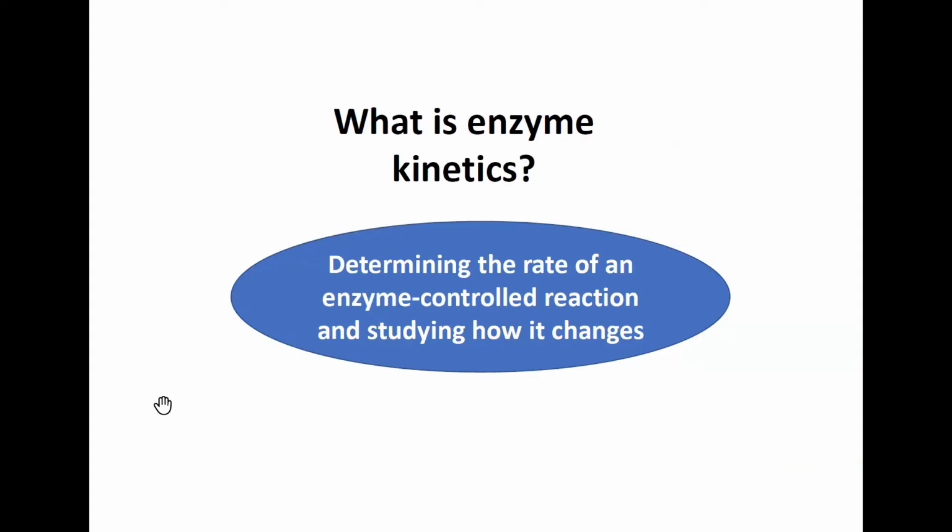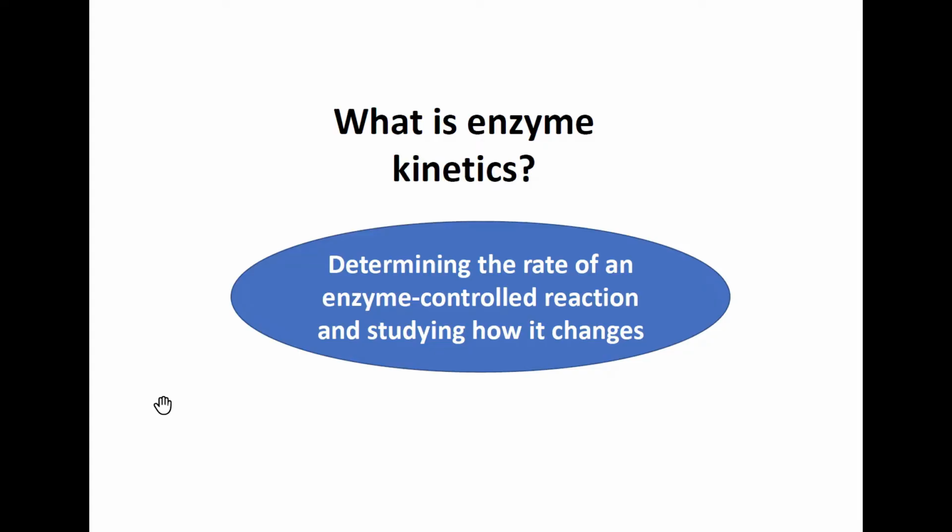So what is enzyme kinetics? Enzyme kinetics is determining the rate of an enzyme-controlled reaction and studying how it changes. Enzymes are molecules that catalyze the reaction, and kinetics is how fast or how slow the reaction is.